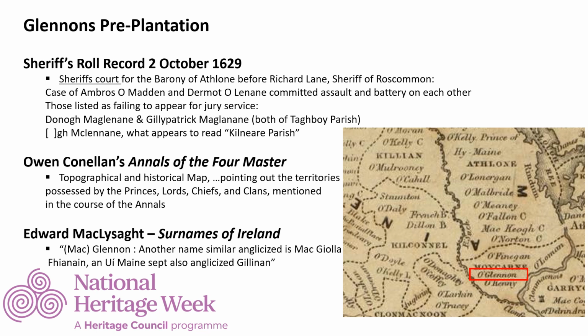But frustratingly, he doesn't explain in the text why he's placed O'Glennon there. And again, MacLysaght identifies MacGlennon. Another similar anglicized name is Macgilla Enan, and Ammonia Sept also anglicized Glennon. So there are all different spellings, but we know from the DNA that this whole range of spellings are the same genetic clan.